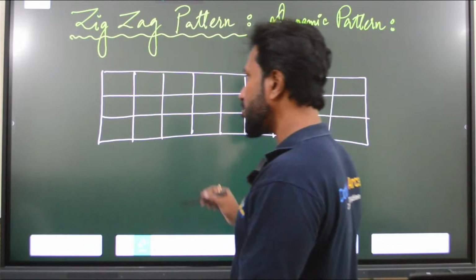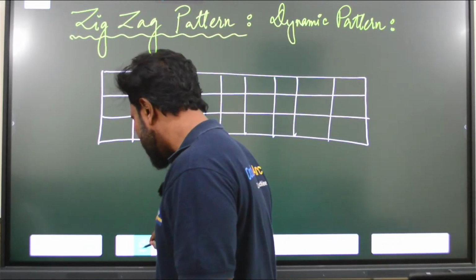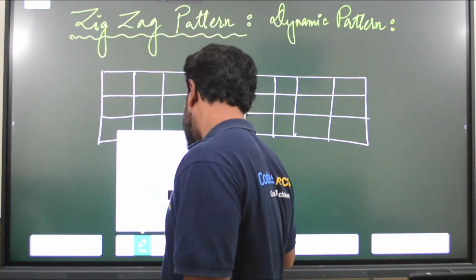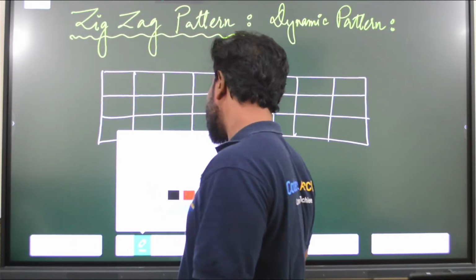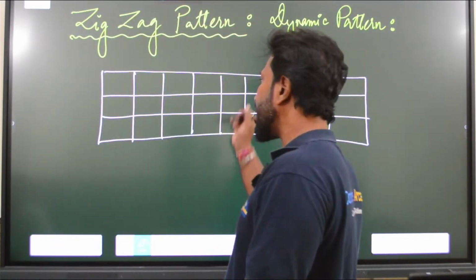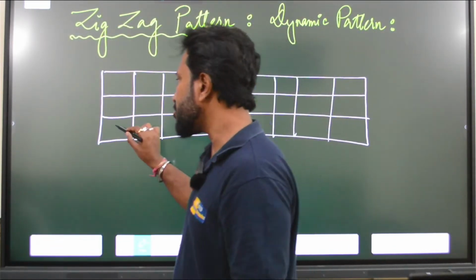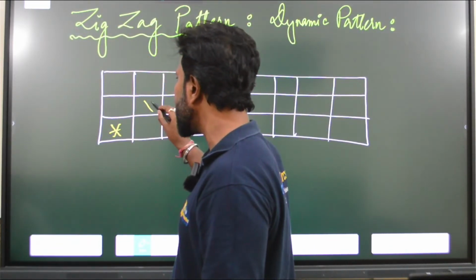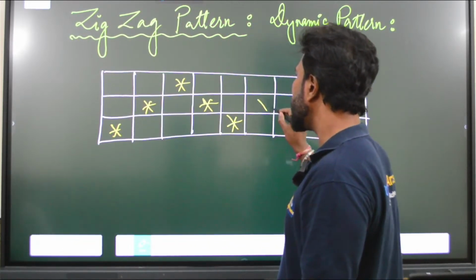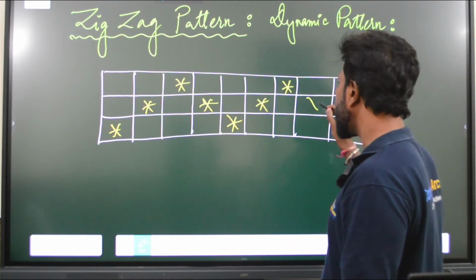So the pattern somewhat goes like this. What color can I take? Let me take green color only, because that is visible. The light colors are visible when you are writing on a black background, right? So 1, 2, 3, 4, 5, 6, 7, 8, 9.